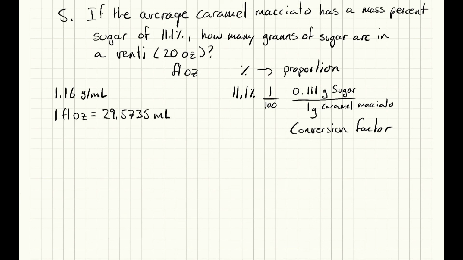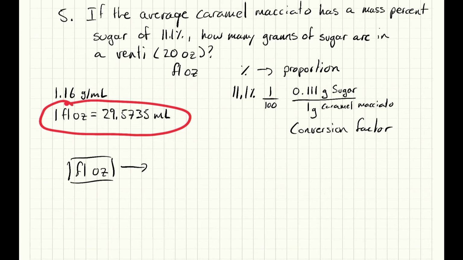So the number that we're given that's not a conversion factor is this 20 ounces. So we're starting with fluid ounces because we want to know how much sugar is in this average sort of caramel macchiato. Now we've got fluid ounces, and we're given a couple other conversion factors, like I mentioned.